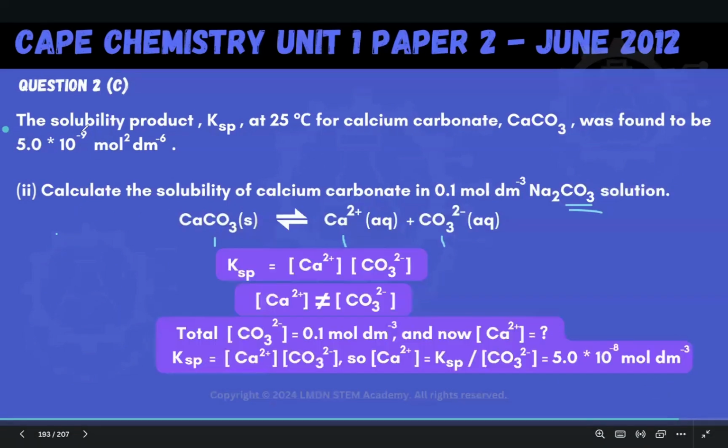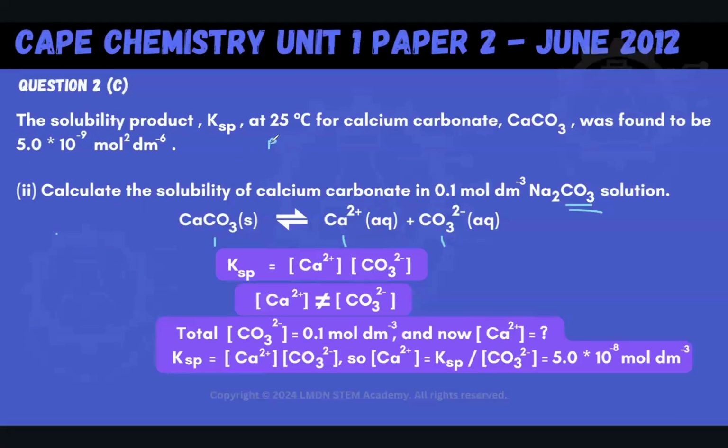When it was just in pure H2O, my Ca2+ concentration was equal to 7.1 times 10 to the negative 5 mole per dm to the minus 3. And that was also what my carbonate concentration was, because remember they were equal. Anything one was, the other was the exact same thing.